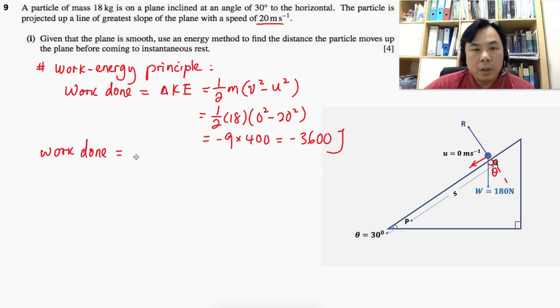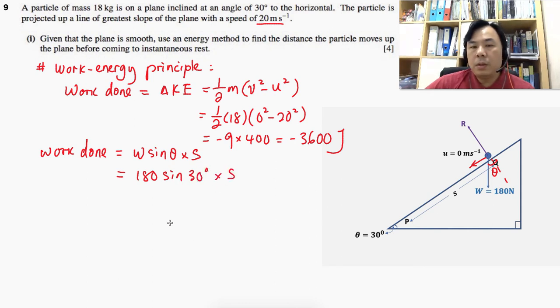That will be W sine theta, multiplied by the distance that the object traveled just now. That'll be S. So the weight is 180 times sine 30, and then multiplied by the distance traveled. Sine 30 is half, so you get 90 S here.